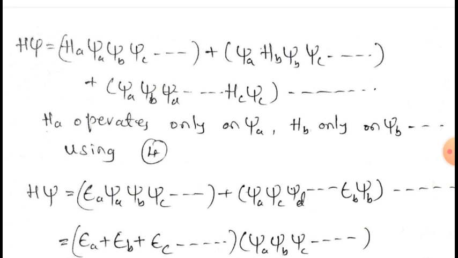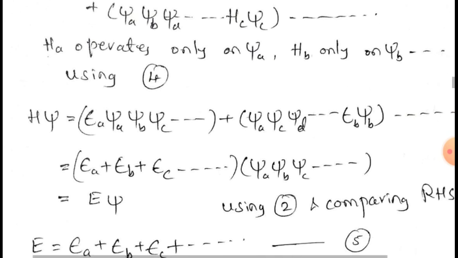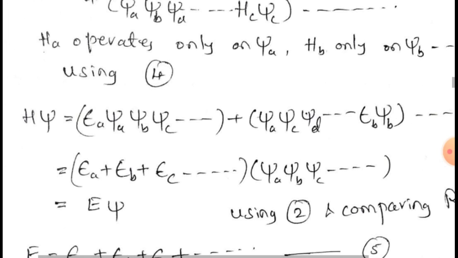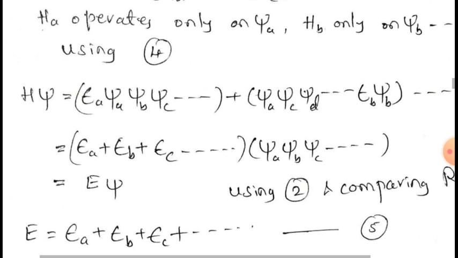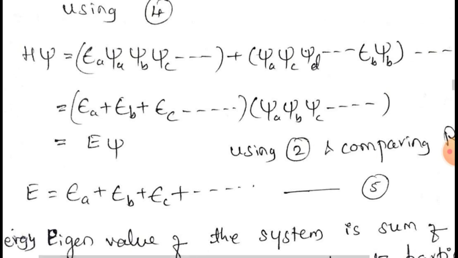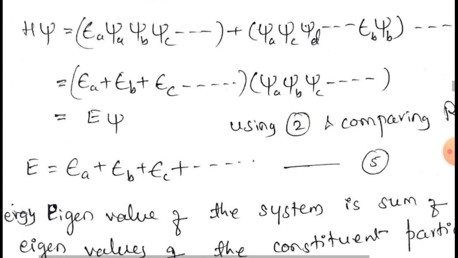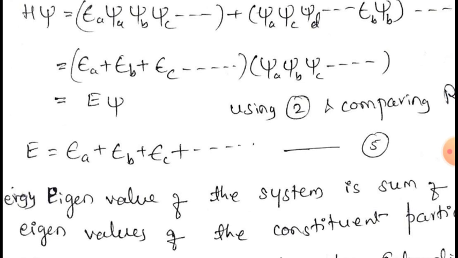Some rearrangements are made in this expression, and this results in the next equation. Now we can write it as H psi is equal to E psi, where E is equal to epsilon A plus epsilon B plus epsilon C, the sum of all the energy eigenvalues of the particles, into psi A into psi B into psi C and so on.